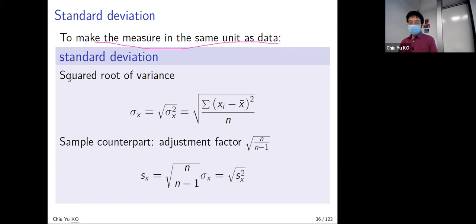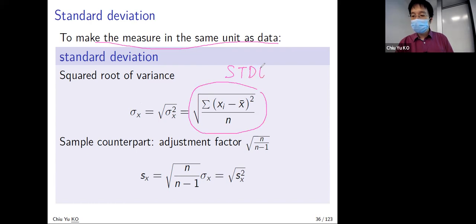So the population version is just the square root of the population variance, okay? Later when you look at Excel, this is called STDEV.P, right? And this is STDEV.S, okay. So the difference is again taking the square root of this adjustment.